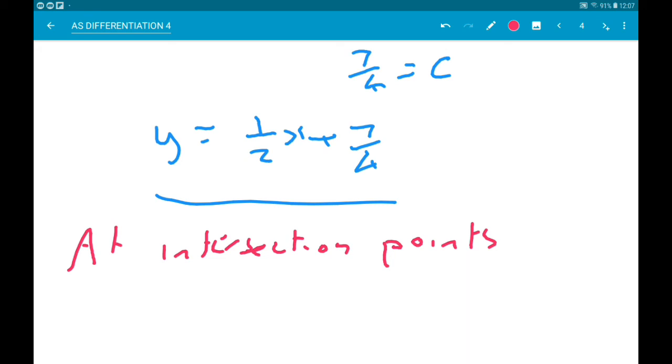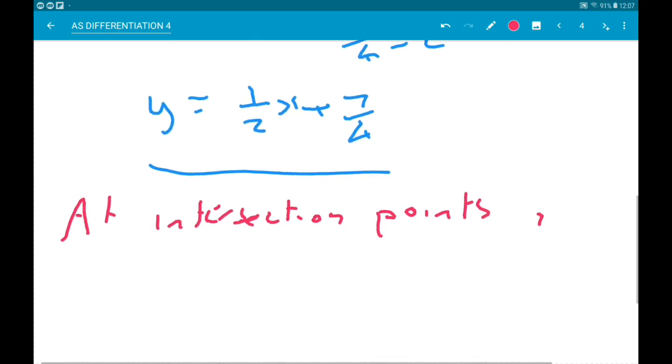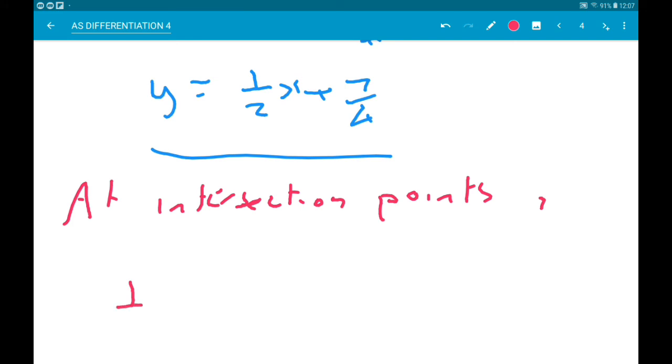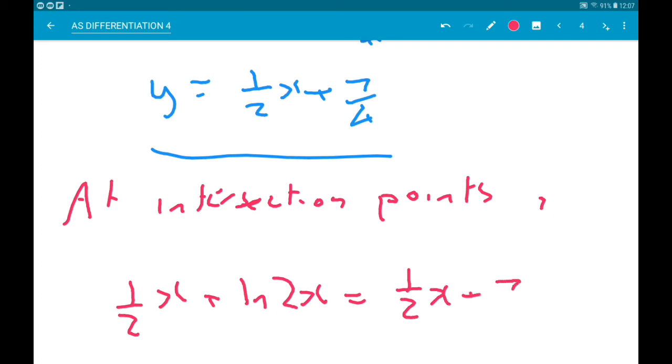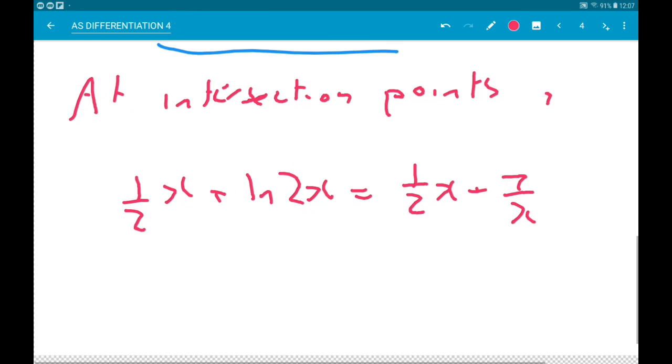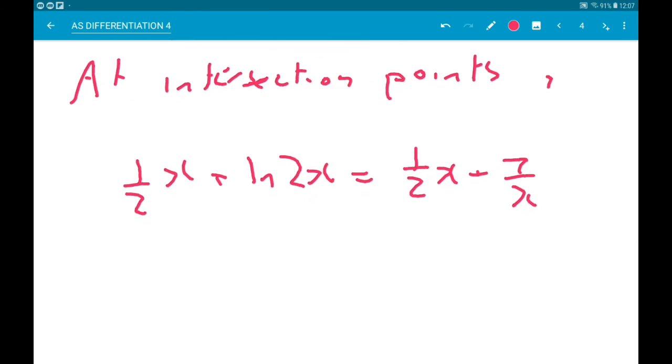So we now want to say then that 1/2 x add log 2x is equal to 1/2 x add 7/4. Which is nice because the 1/2 x's cancel each other out. So take those off of both sides. We get log 2x is equal to 7/4.